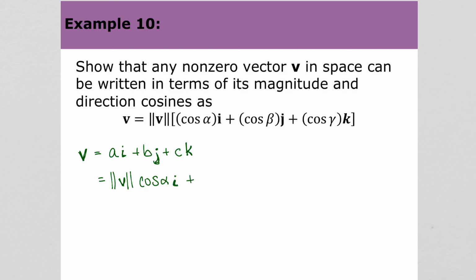And we know that B is the magnitude of V times cosine beta J. And we know that C is the magnitude of V times cosine lambda K. Factor out the magnitude of V, and you got it.